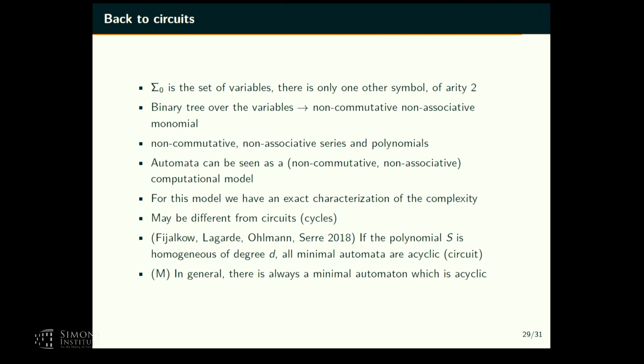Okay? So again, it's possible to see that in the case of non-homogeneous polynomials, not all minimal automata that you get from the Henkel matrix are acyclic, but there will be a choice of minimal automata which is acyclic, which will give you a circuit in this case. Okay.